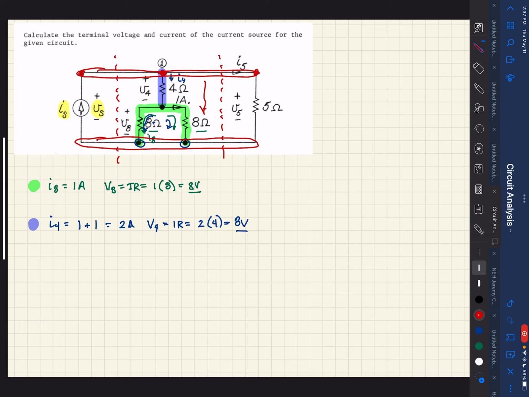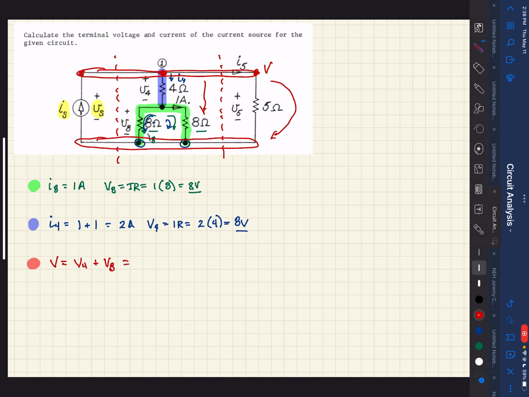So that voltage is going to be equal to V4 plus V8, and again, by voltage I mean the voltage from here across to there.